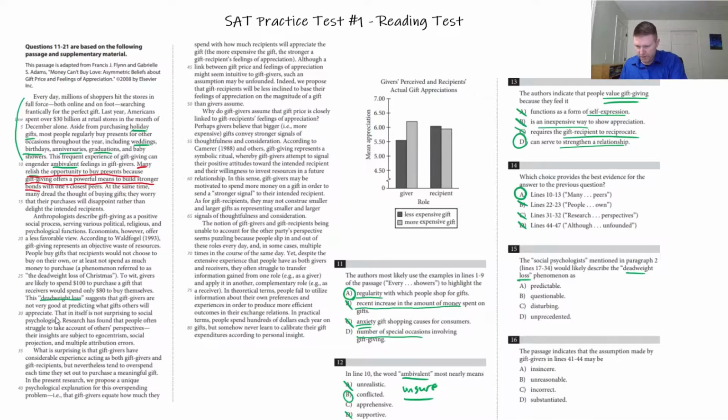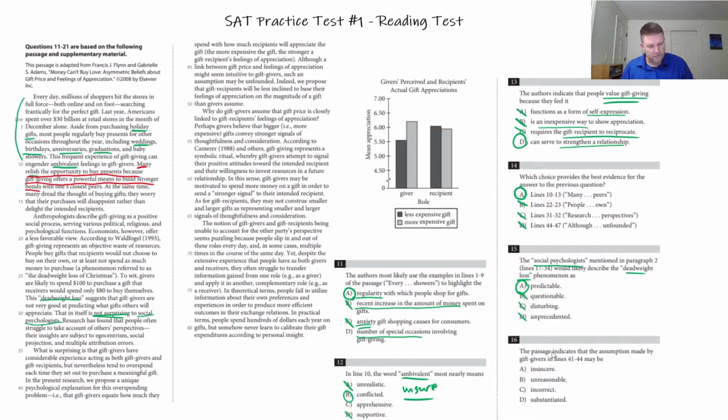And then if you look at where they mention the social psychologists, right here, they said it's not surprising. So if you go through this: predictable, that makes pretty good sense. Questionable? Not surprising doesn't mean questionable, right? Disturbing? No, they didn't say it bothered them. Unprecedented, like something that's never happened before? No, they're just trying to say it's not surprising, so predictable makes total sense.